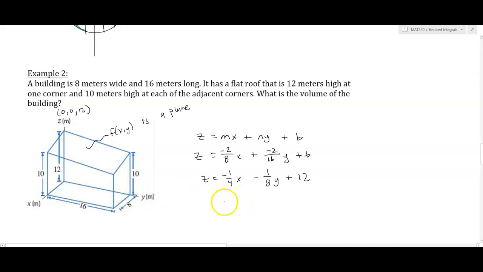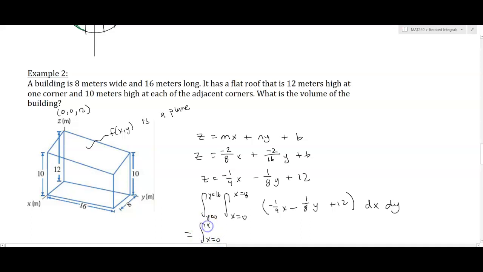So because this is a rectangular region, it does not really matter which integrals I pick, because if I chose x equals 0 to x equals 8 on the inner integral, then I would pick y equals 0 to y equals 16, of our function, which is negative 1/4 x minus 1/8 y plus 12, and since my inner integral is with respect to x and the outer is dy, that should give me the same answer as inverting these two integrals.